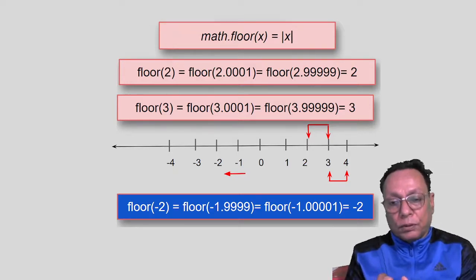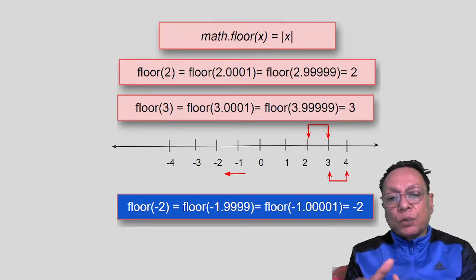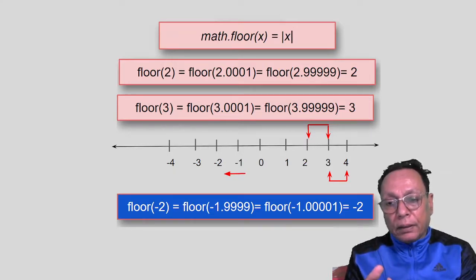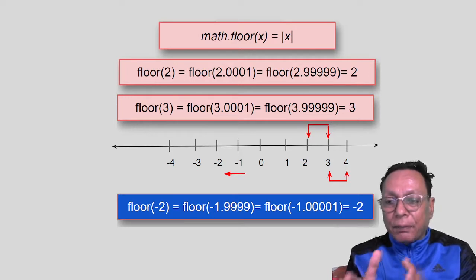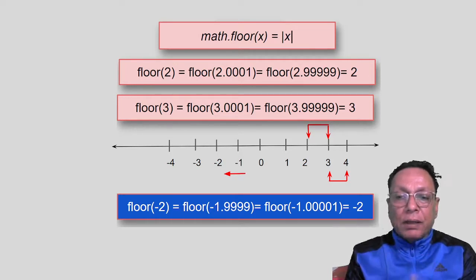If you want to evaluate floor of -1.9999 or floor of -1.00001, it will give you less or equal. So -1 and -2, which is less? -2. So it is giving -2 here.